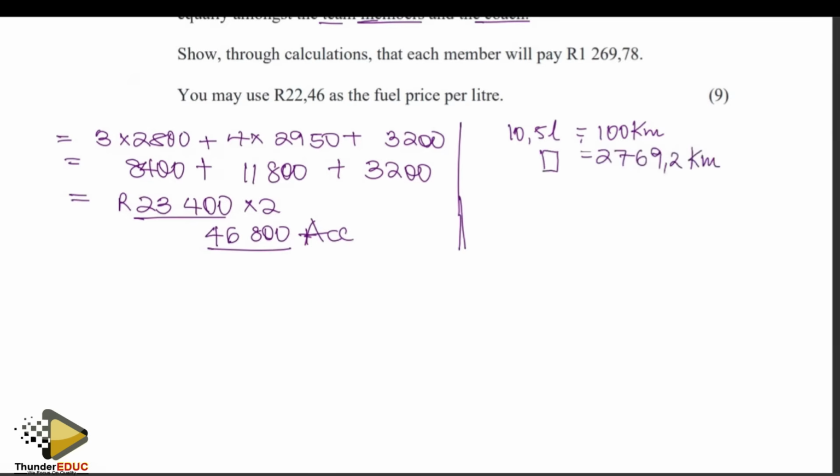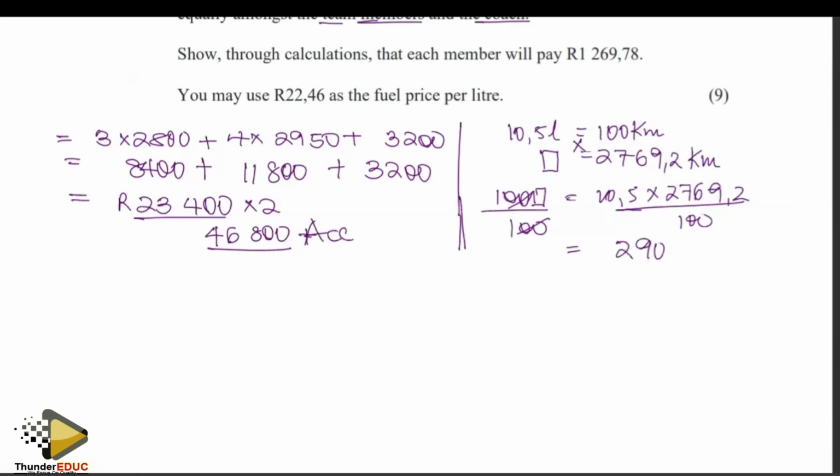So how much petrol shall we need? It will be 100 times the unknown equals 10,5 times that much. So we divide through by 100.